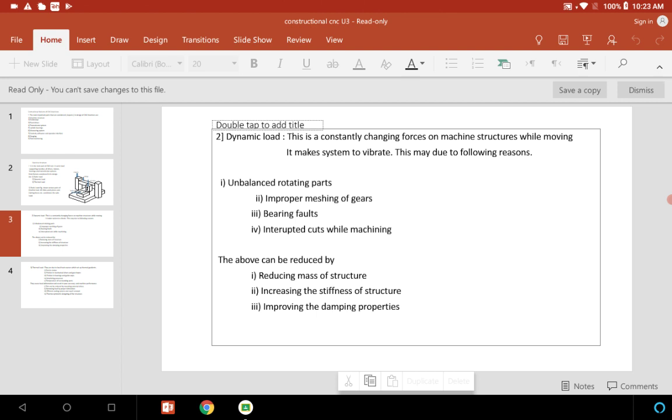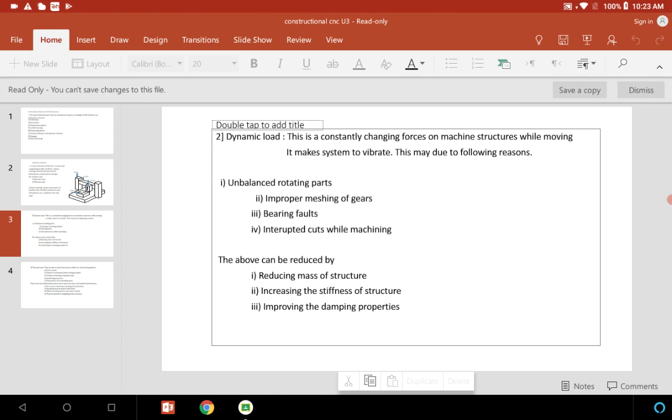Then cutting forces also. When there is constant consistency in cutting, there will not be much variation. But if any changes or variation takes place, then it leads to unbalanced cutting forces, which are included under dynamic load.